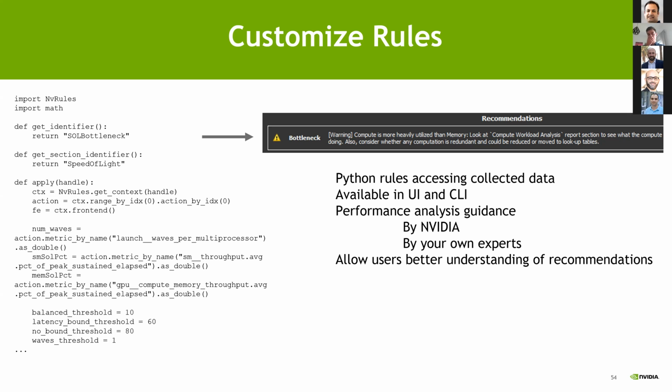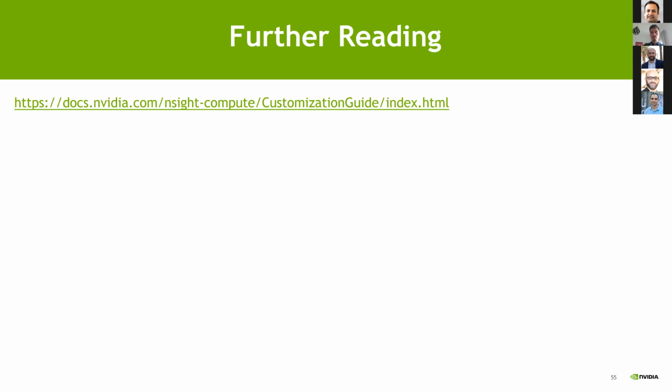If you have a specific analysis that you want to do for your metrics, you can write a little Python script and get the recommendation directly in the tool every time. But you can also use it to just understand at which threshold a metric is a problem, and why we think something is latency bound versus compute or memory bound, for example. As I said, there's also a customization guide and an nvrules API documentation online.